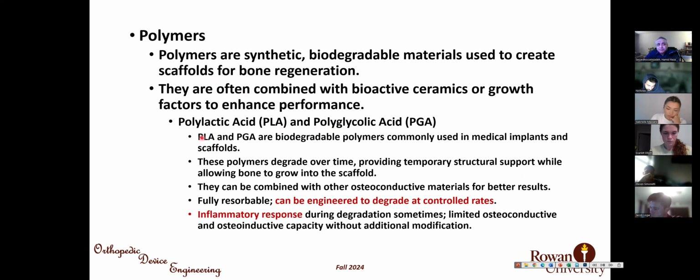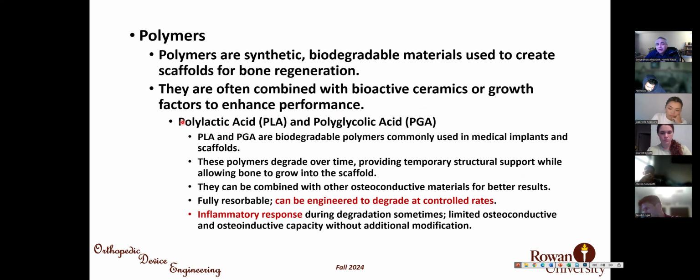But we have a huge problem with these two materials. When we put them inside the body, they are slowly resorbed. This slow resorption is good for mechanical support.